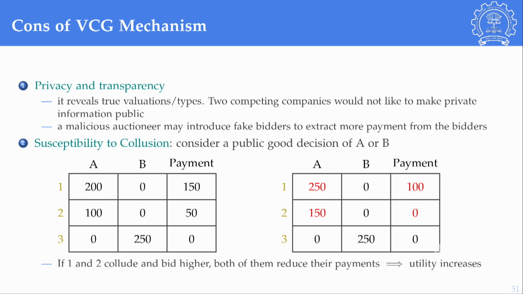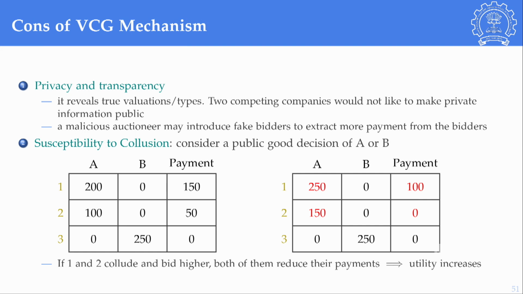We have already proved it. If everybody else is still playing whatever they were playing, then any individual deviation will not be beneficial. But what happens here is that they misreport together to a higher value. Now, if you calculate, what changes is that it makes even agent 2 a non-pivotal agent.